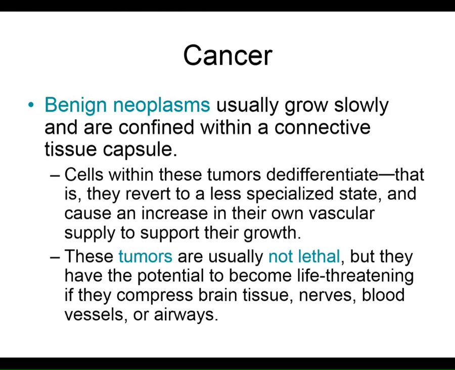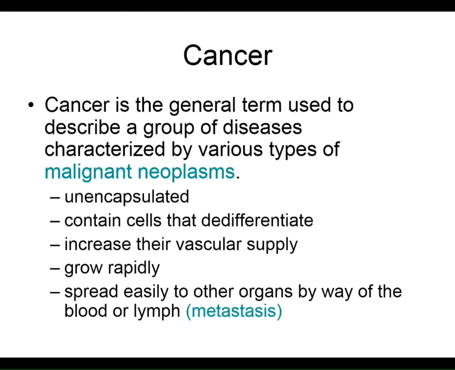Versus a metastatic cancer, and what happens here is that now these tumors are unencapsulated. They don't stay within a certain area. They're still de-differentiated. They still get their own vascular supply. They still are growing very rapidly, but here's the kicker, they spread, right?